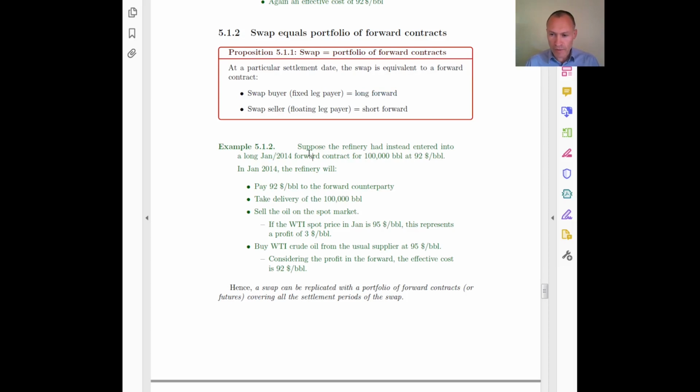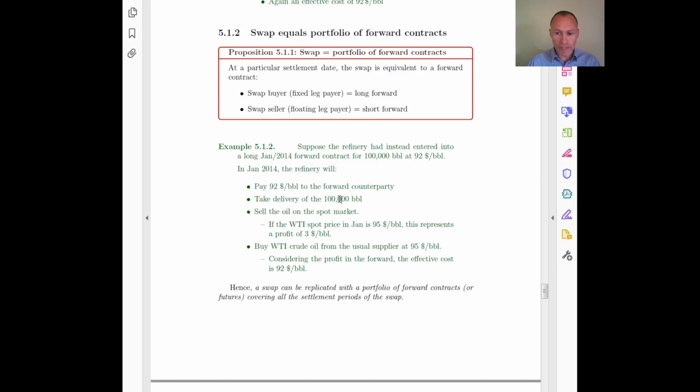So this is the example. Suppose the refinery had instead entered into a long January forward contract for the same quantity at that same price. What will happen in January is that the refinery, since it is long, will pay the initial price.